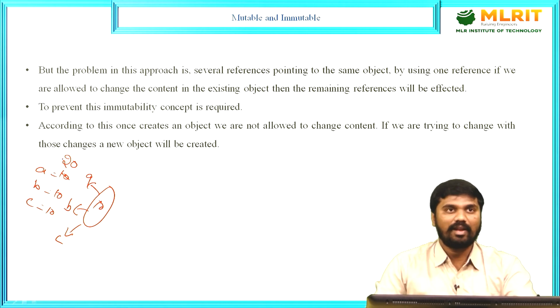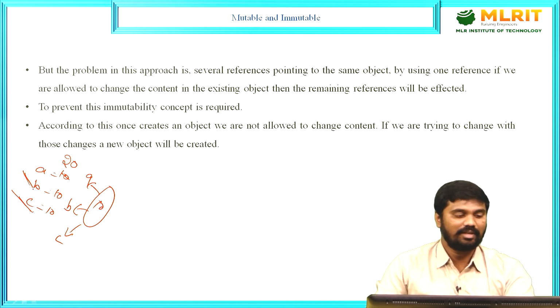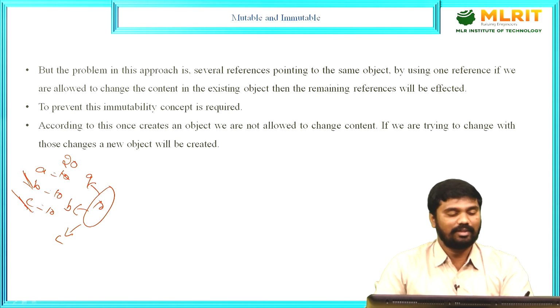The same value will be reflected in variable b and also in variable c. But actually the values of b and c are 10, 10. Because of changing the value in one variable, the values of b and c will also change, because these three variables refer to the same object.